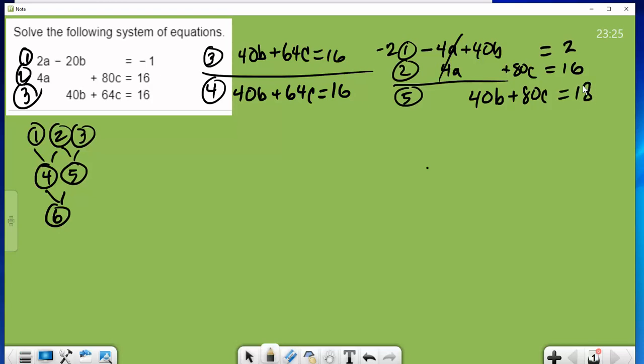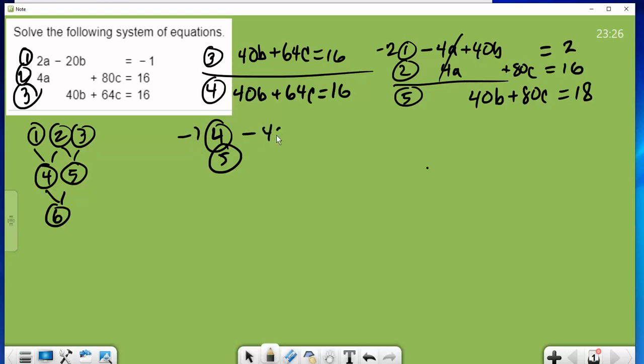All right. So now I need to take 4 and 5 and get rid of another variable. Looks like B is the good choice. So let's subtract. Let's do negative 1 on this one.